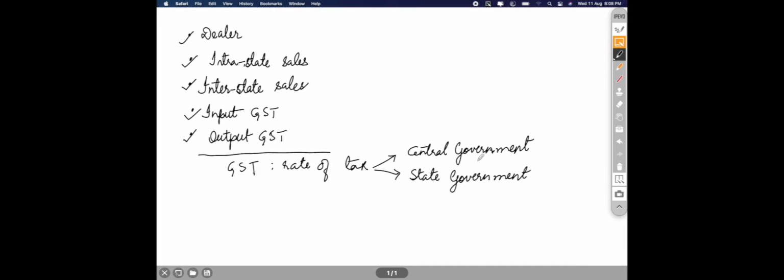So, when it goes to the central government, we will name it as CGST, and when it goes to the state government, we will name it as SGST. Now, in this video, we shall learn problems related to intrastate. When rate of GST is related to intrastate sales, 50% of the tax goes to the central government and the remaining 50% goes to the state government. So it is an equal amount that is given to the central government and to the state government.